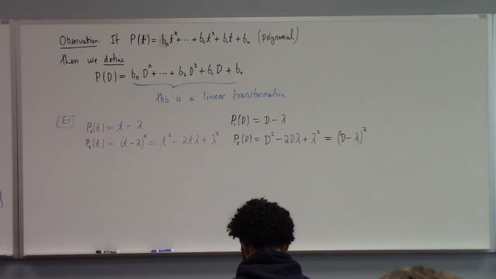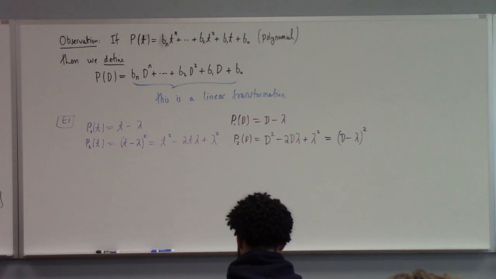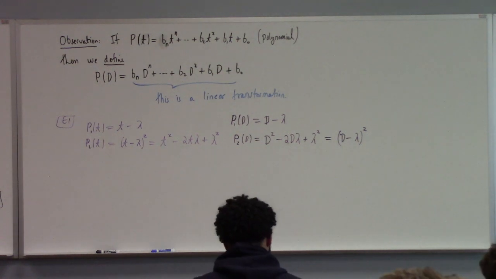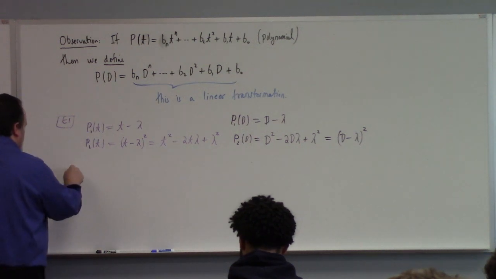What I'm saying is that polynomial algebra and the idea of putting an operator into the polynomial, these two things are interchangeable. Let me write it as a theorem. Theorem.